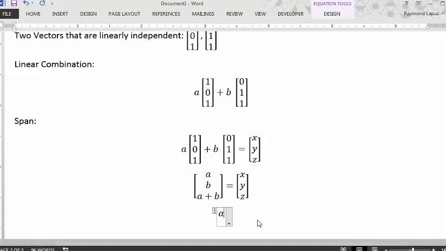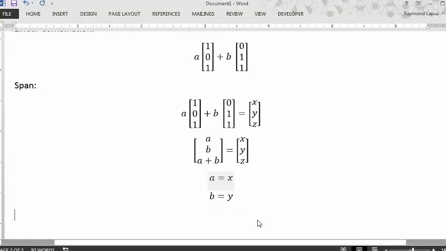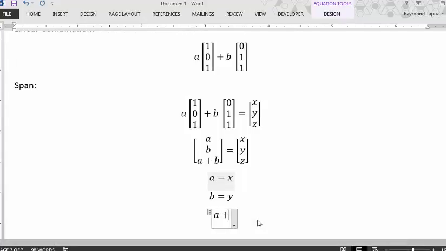a is equal to x, b is equal to y, and a plus b is equal to z. So since we know what x and y are, we can just say x plus y is equal to z.